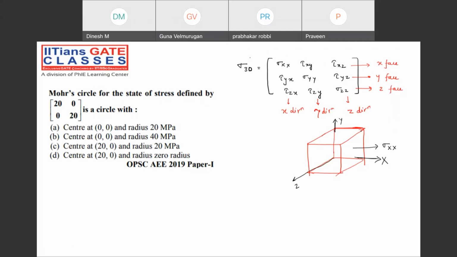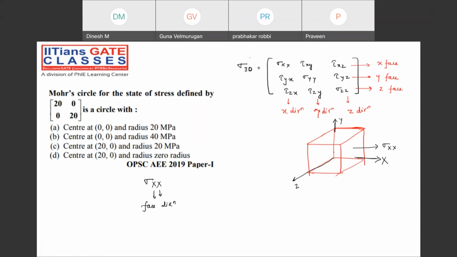The first letter is showing the face. The second is showing the direction. X face, X plane, or we can say the XY plane, whatever the axis will be there, that will become the face.